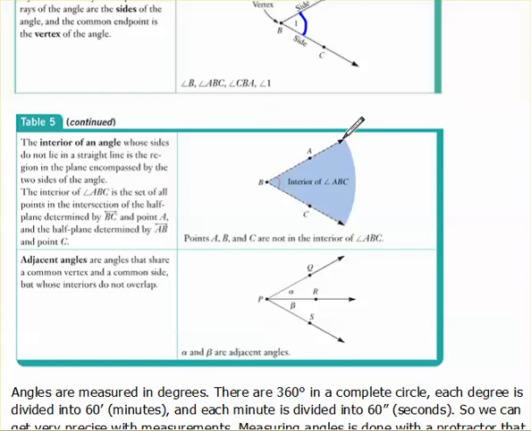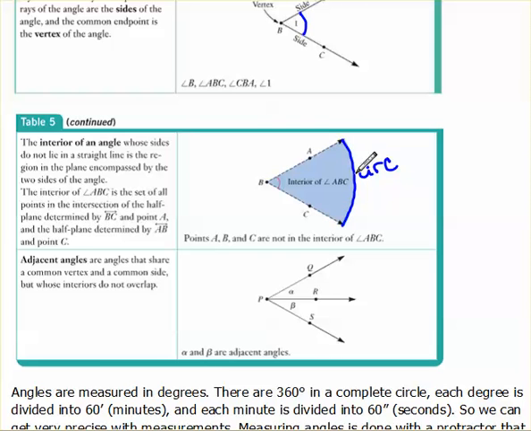And technically, if I were to draw in this right here, this would be called an arc. And it would connect sides of the angle in a circular type fashion.